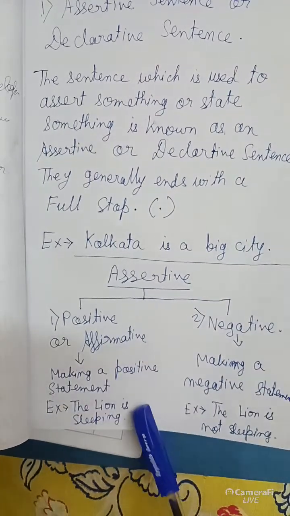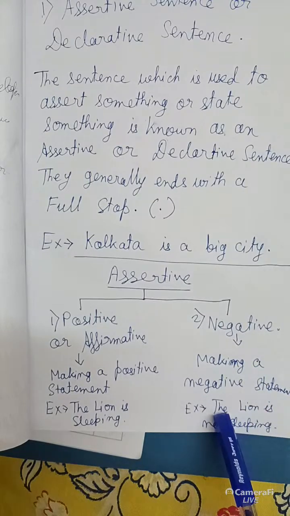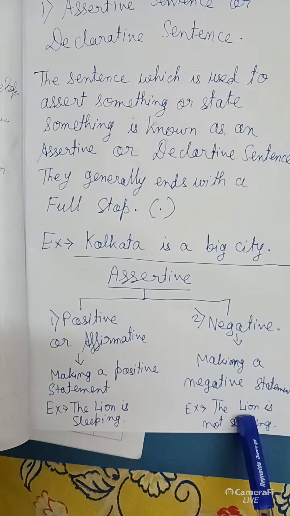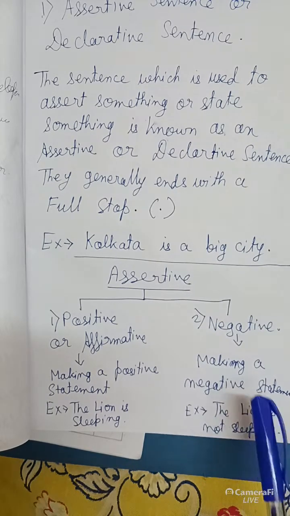Because it is positive, is sleeping, we know it is positive. Because of the presence of not, it is becoming a negative statement. So, all the negative sentences or statements have a no in it or not in it.